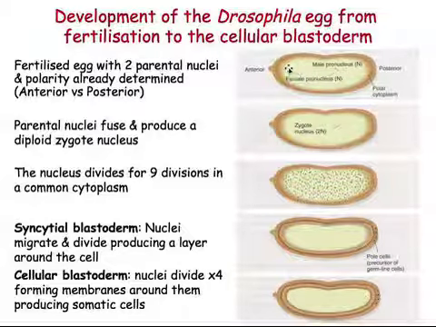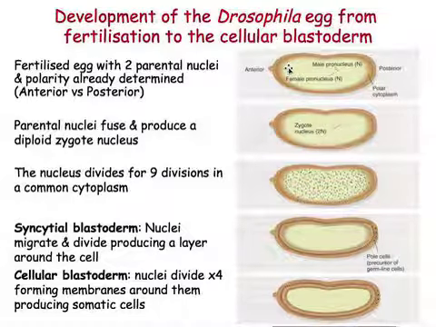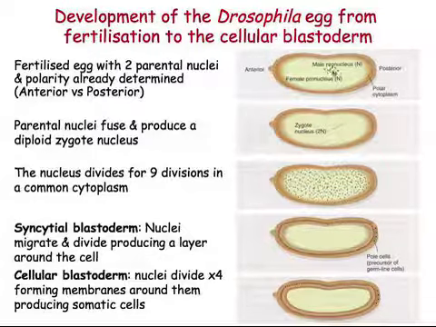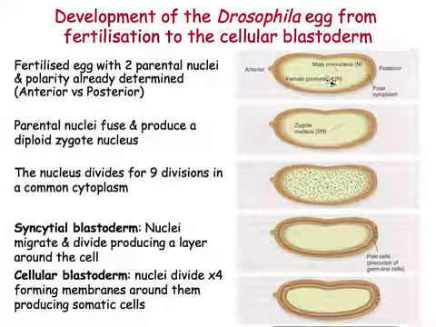But before we discuss those transcription factors and those maternal effect genes, we'll just need to point out that during the development of the larva, you have fertilisation occurring at this stage here.